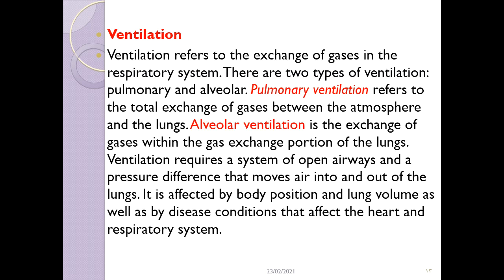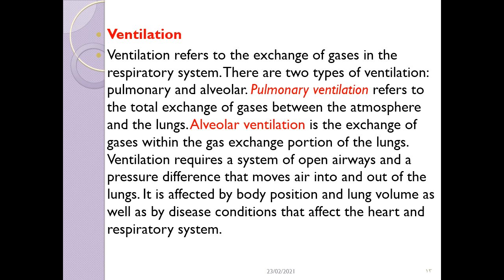The whole process of gas exchange between the lung and the atmosphere is called pulmonary ventilation, while exchange of gases within the gas exchange portion of the lung, the alveoli, is called alveolar ventilation. It means alveolar ventilation is the more specific ventilation that occurs within the gas exchange portion of the lung, which is the alveoli.